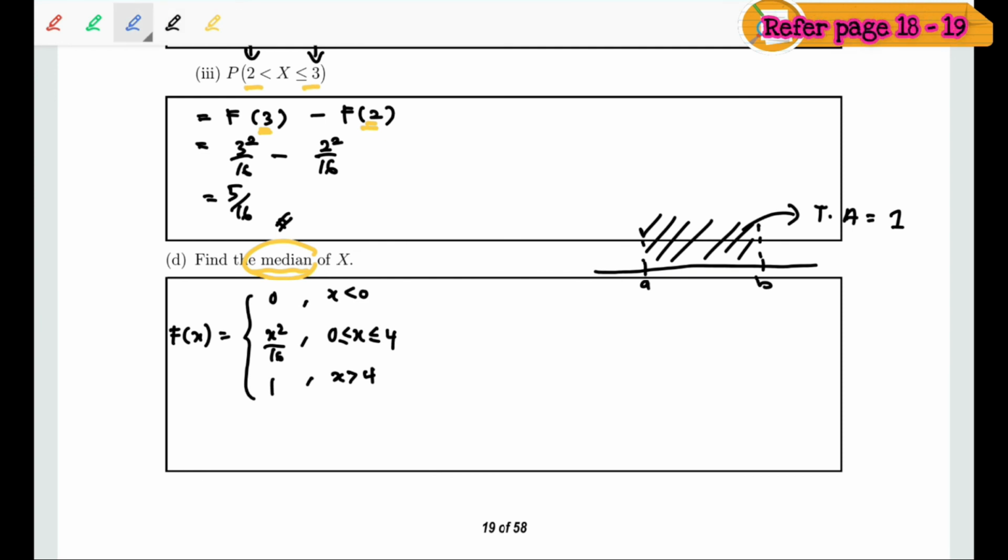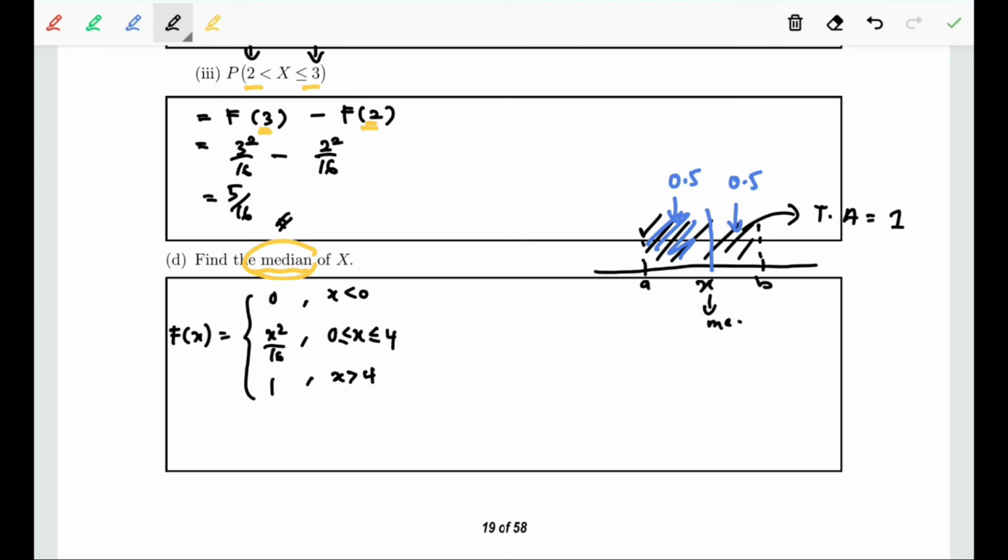So we want to find out half of the area, which should be 0.5 and 0.5. So what's the value of x here? This is the median. We want to find this x which cuts the area into the first half and the second half.